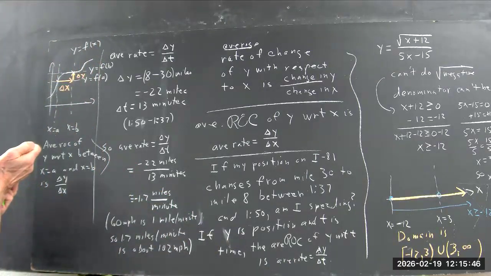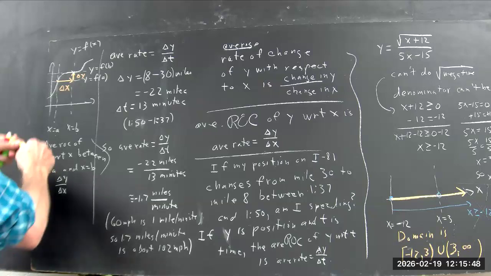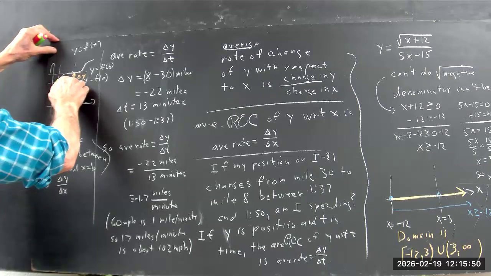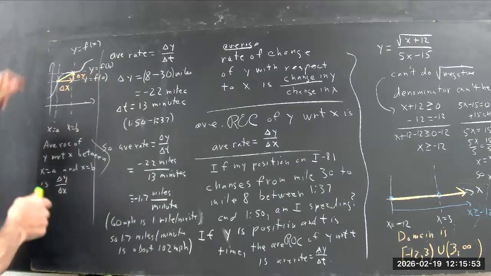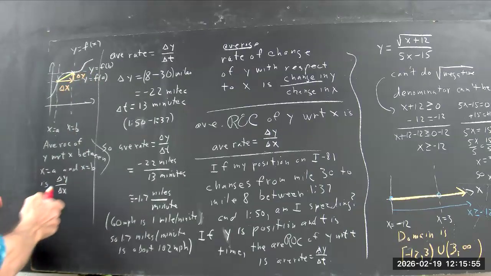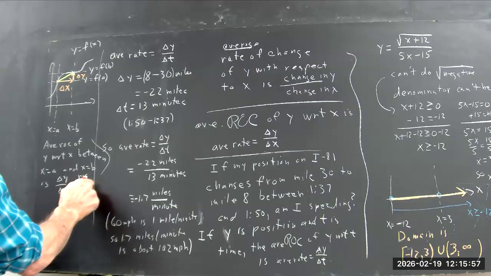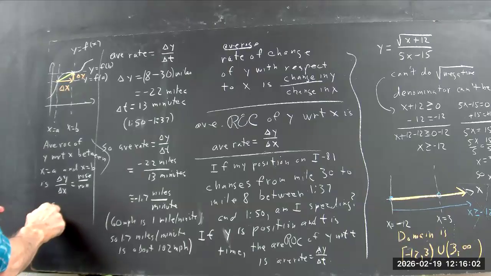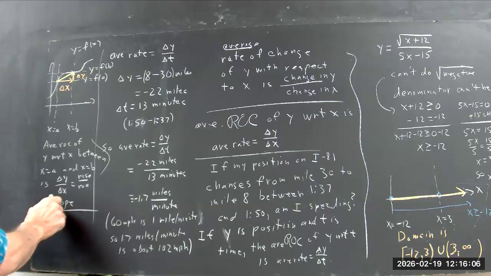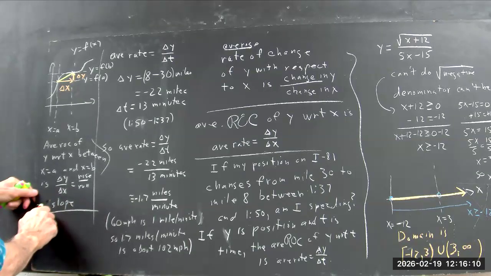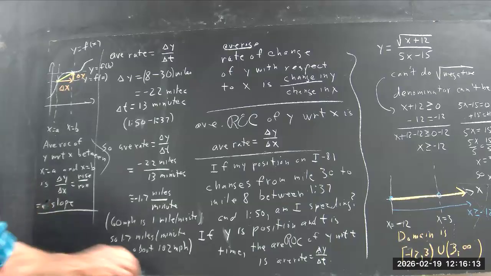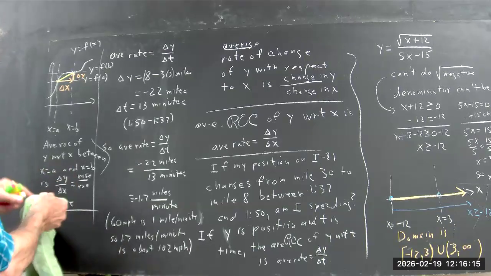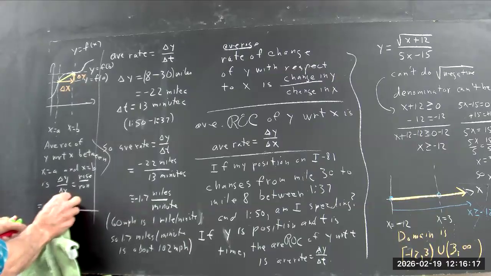If I divide delta y by delta x, that's rise divided by run, equals... I've got to remember that better, sorry. I left out the word average.